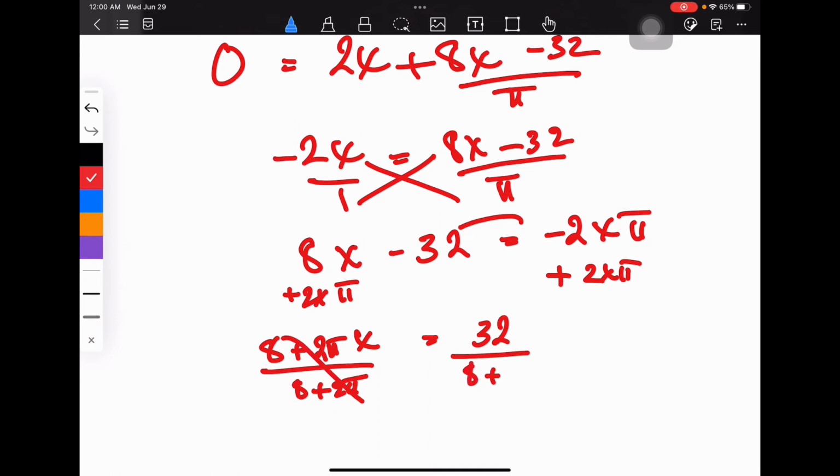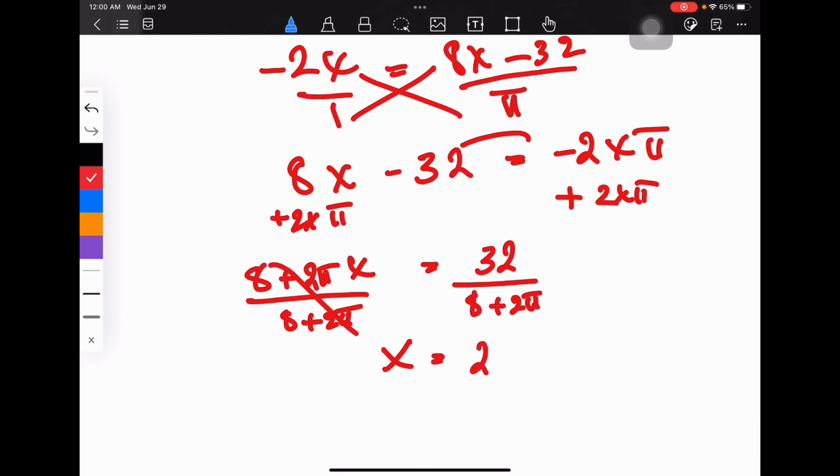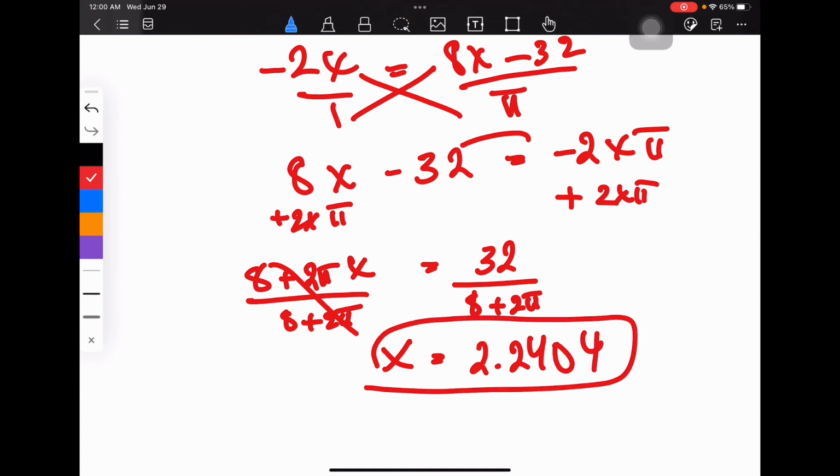If I plug that into a calculator, this gives me a value for x that is 2.2404. So that is my x value.